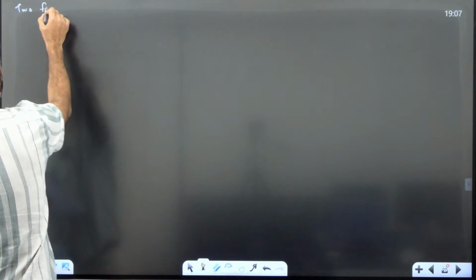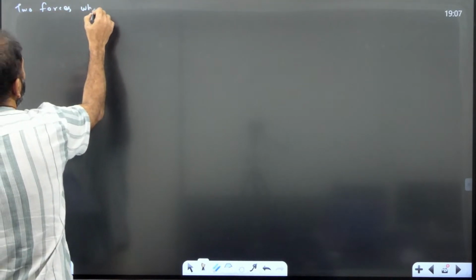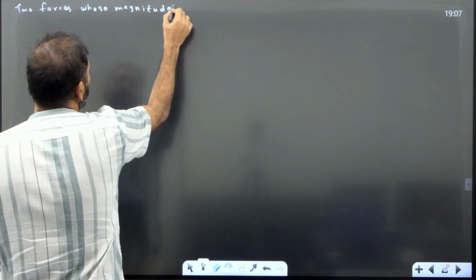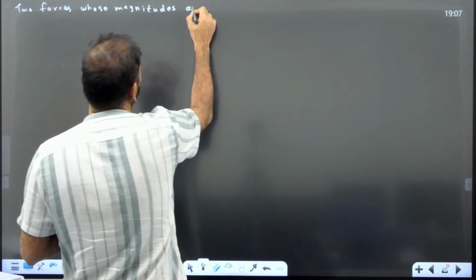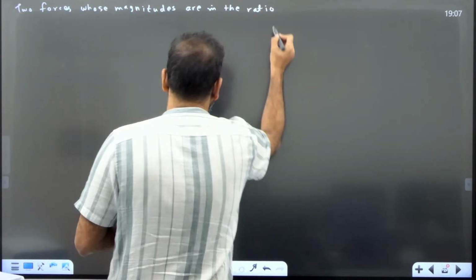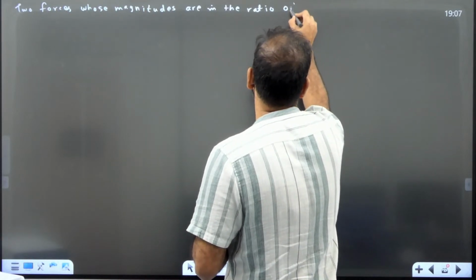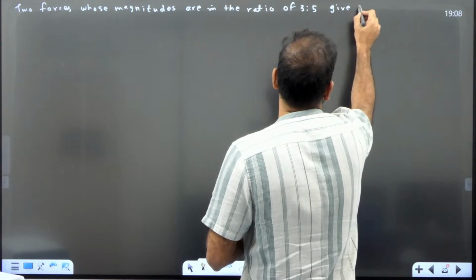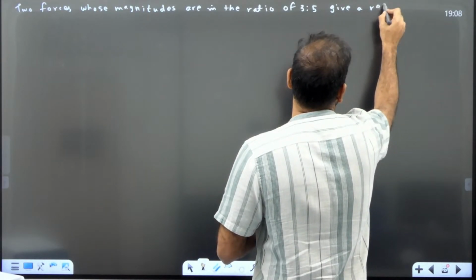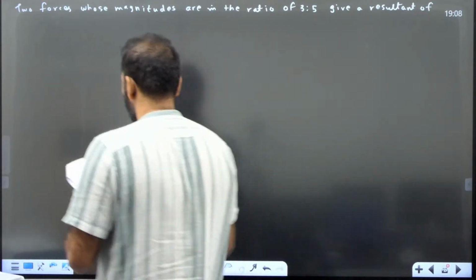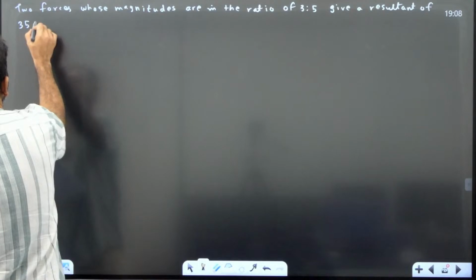Next question. Two forces whose magnitudes are in the ratio 3:5 give a resultant of 35 Newton.